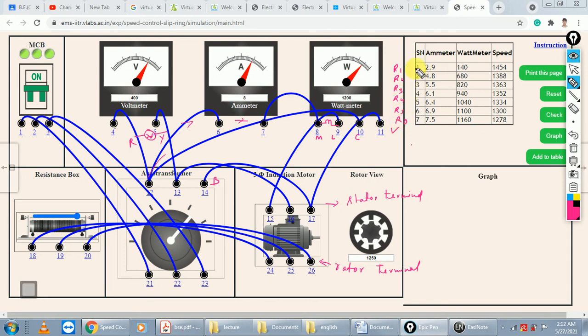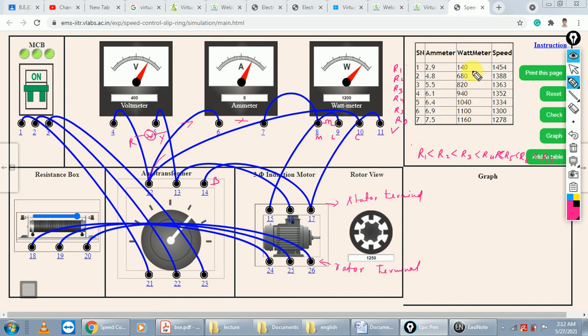So R1 is less than R2, R2 is less than R3, R3 is less than R4, R4 is less than R5, R5 is less than R6, and R6 is less than R7.